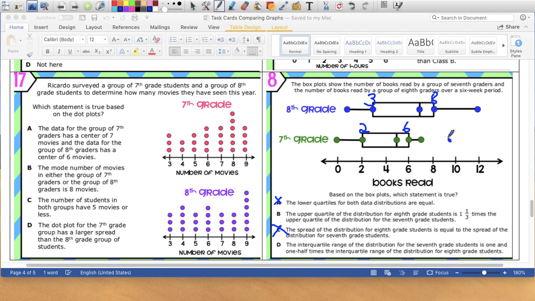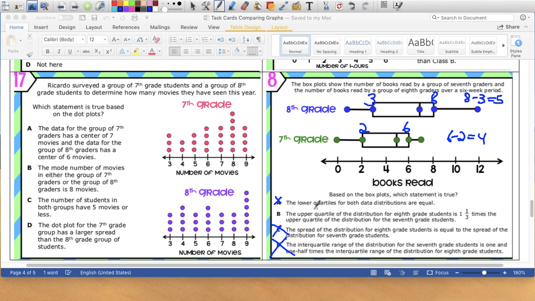This is Q3 minus Q1, which is 6 minus 2, which is 4. And this one is Q3, which is 8, minus 3, which is 5. So it's saying that the interquartile range for the 7th graders is 1.5 times the interquartile range. No, it is not 1.5 times. It's much smaller. So that one is also gone.